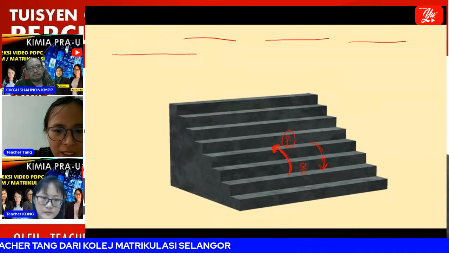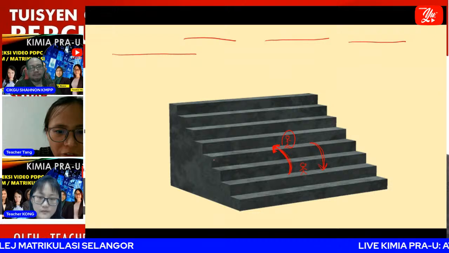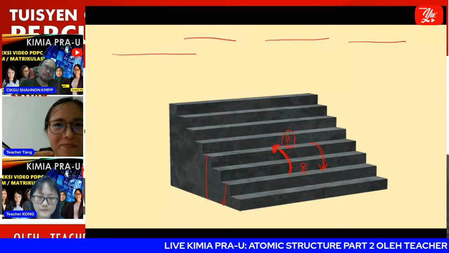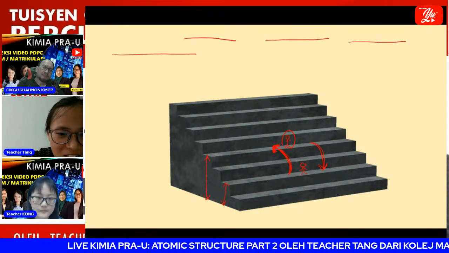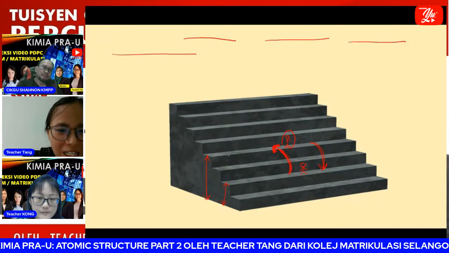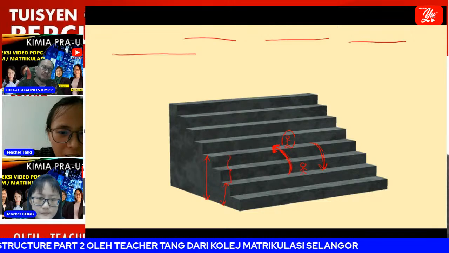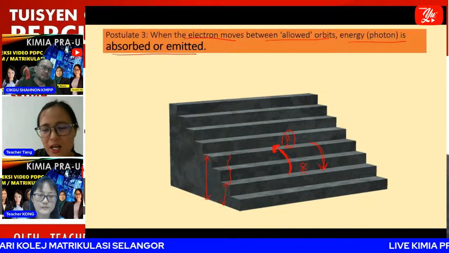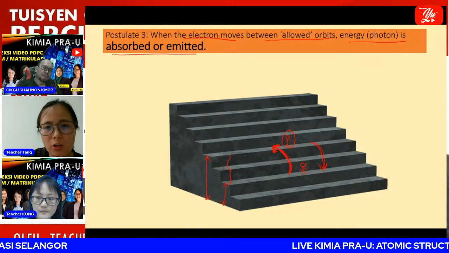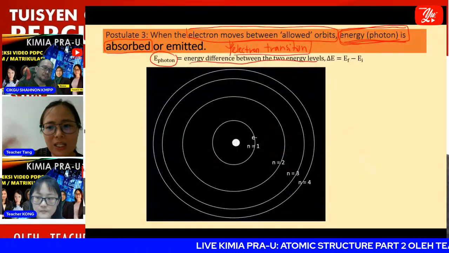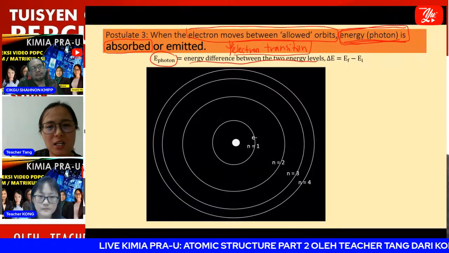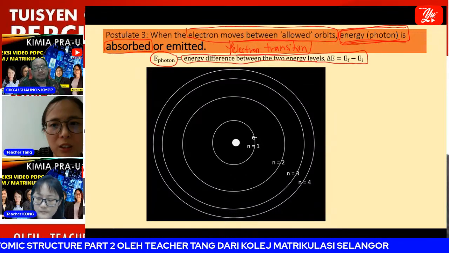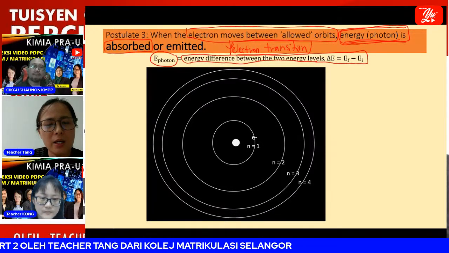I need to have kinetic energy equal to the difference in gravitational potential energy between the two steps. So as the electron, to move between energy levels, the energy it needs to absorb from the photon must be equal to the energy difference between the two energy levels.